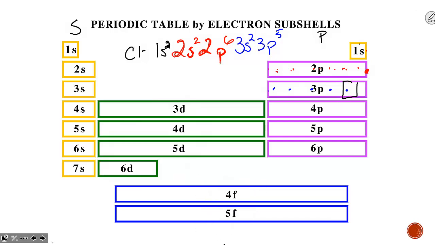So when we get to a d orbital, we're not going to continue on. This is 4s. The next one, scandium, is going to start 3d. But when we leave the d orbital, the p orbitals are still following that same pattern we had done before. So they go back to 4p.